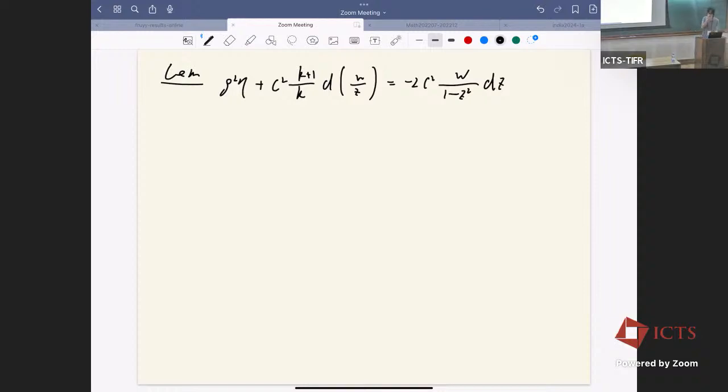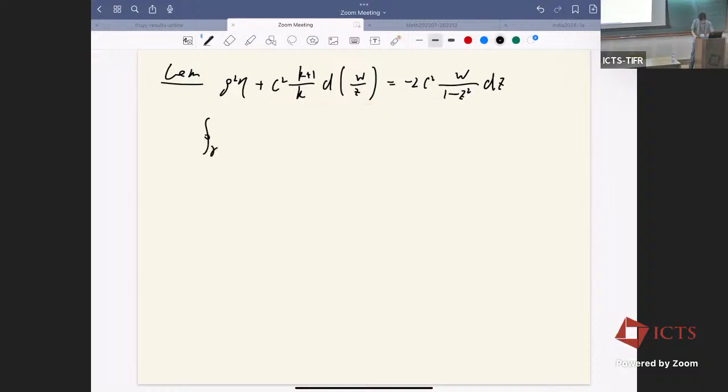So this equation holds. This is just a straightforward computation. And the good thing is we just add to g squared eta an exact one form, and then we get this. And this is holomorphic on the domain surrounded by gamma.